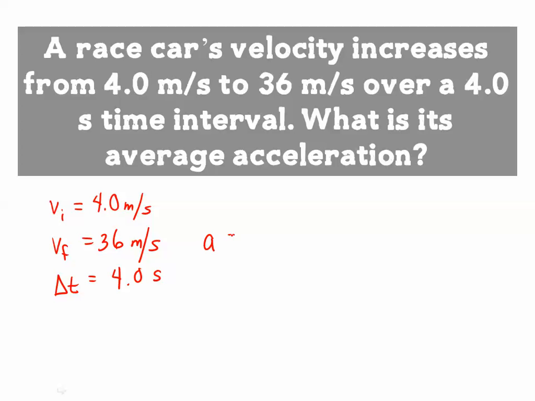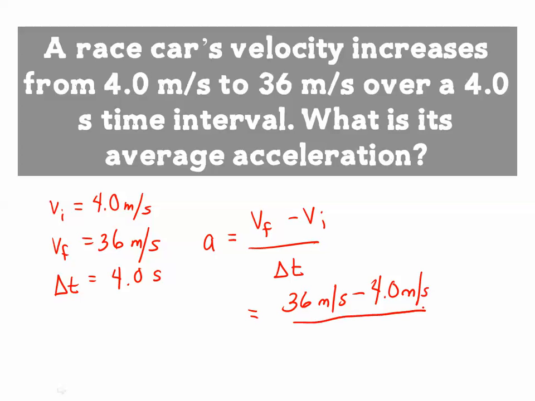Now my average acceleration is final velocity minus initial velocity over change in time, which is 36 meters per second minus 4 meters per second over 4 seconds, which is going to come out to 32 meters per second over 4 seconds, which is 8 meters per second squared, 2 sig figs, so we'll say 8.0. And my average acceleration is a positive 8.0 meters per second squared.